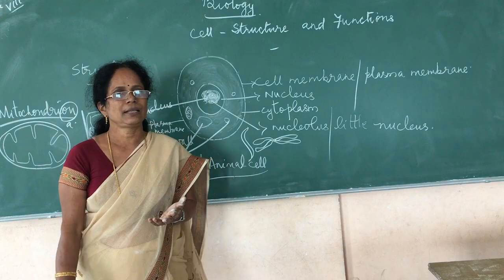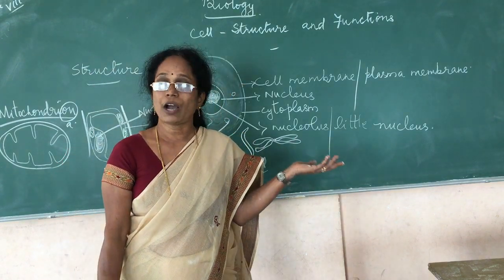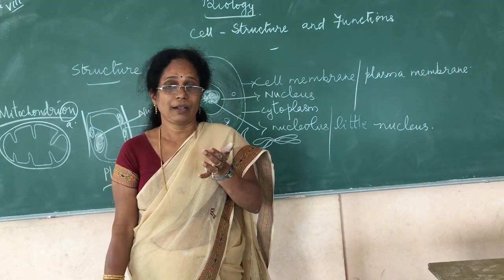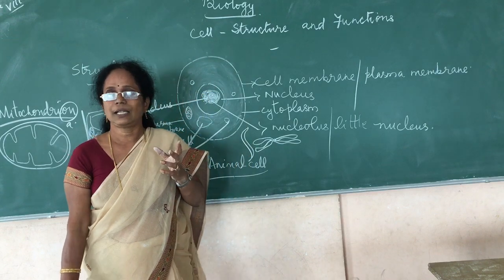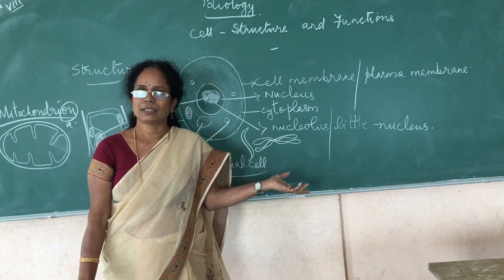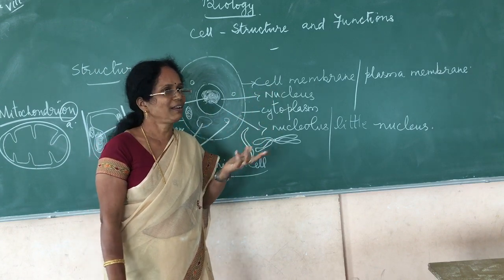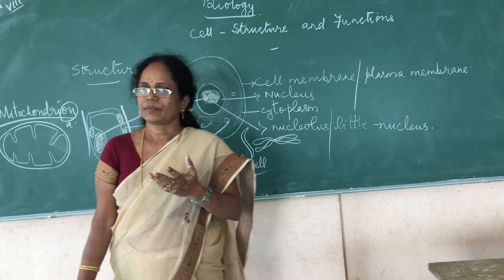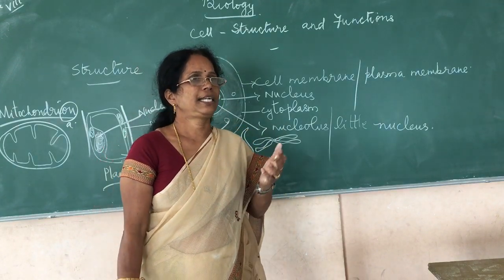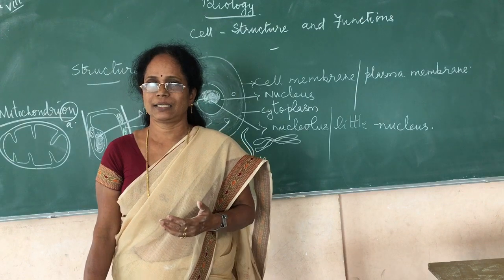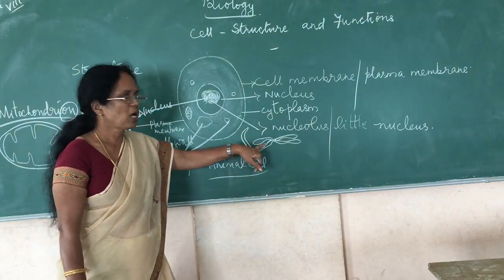Her hair is like her mother's hair, or her father's rough hair, or her eye color is like her mother's or grandma's blue colored eyes, like Aishwarya. Like that, the traits, traits means characters, are carried by the chromosomes.